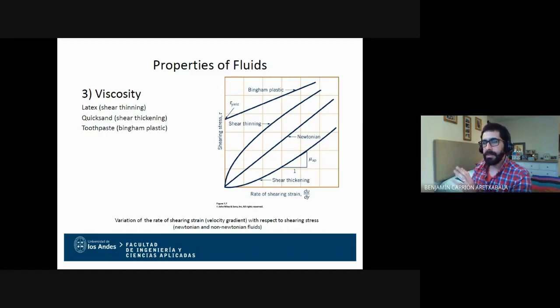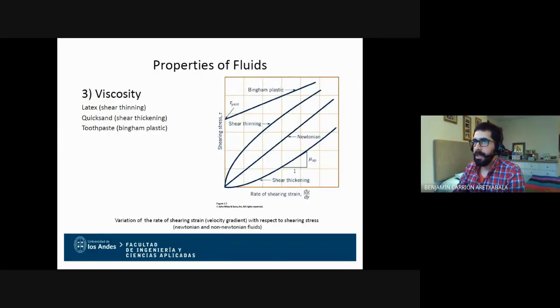But there are materials that show that, and there are other materials that work the other way, and they're called shear thickening, meaning that the more rapidly you deform it, the more stress you need to keep on deforming it. I don't know if there is a typical example that you can try at home.